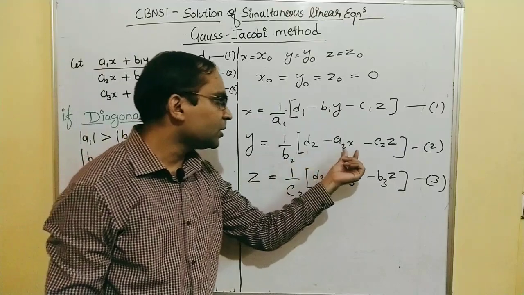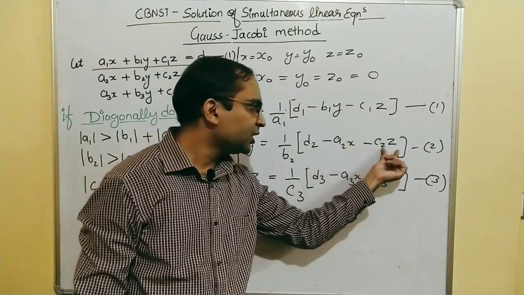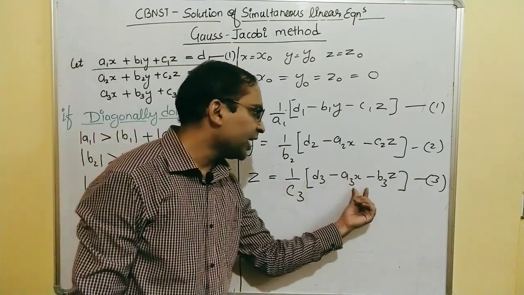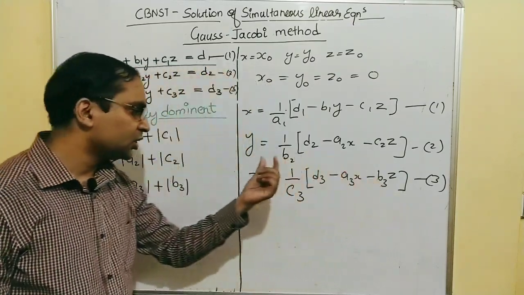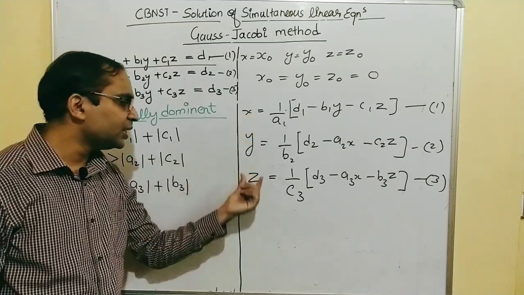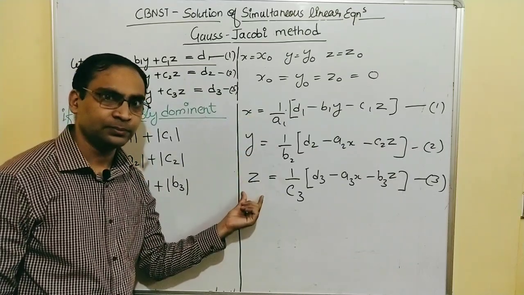If we substitute x0 and z0, we'll achieve y1. If we substitute x0 and y0, we'll achieve z1. So we'll have new values of x, y and z as x1, y1 and z1.